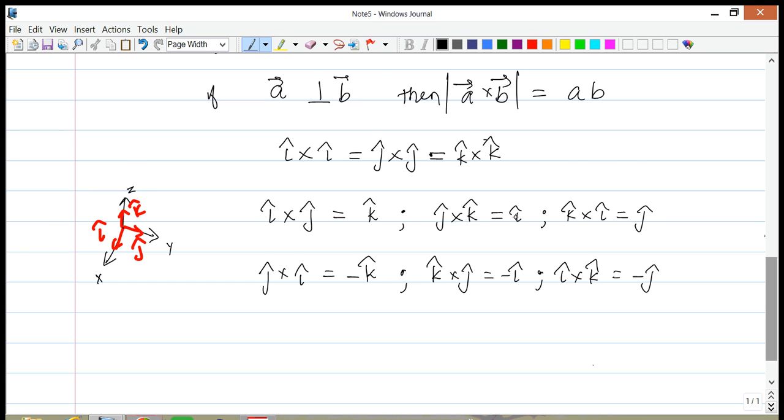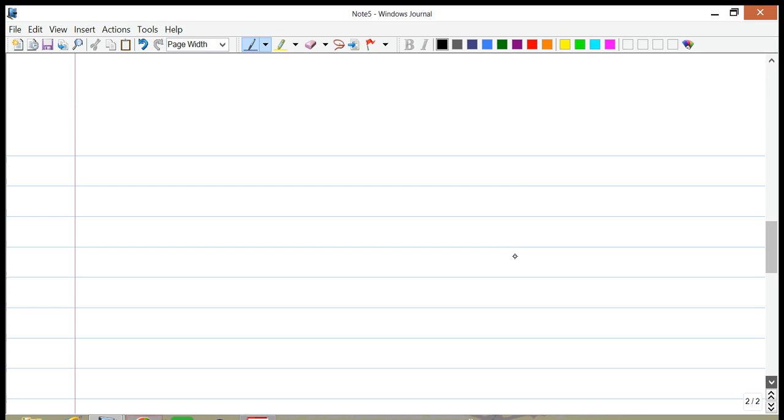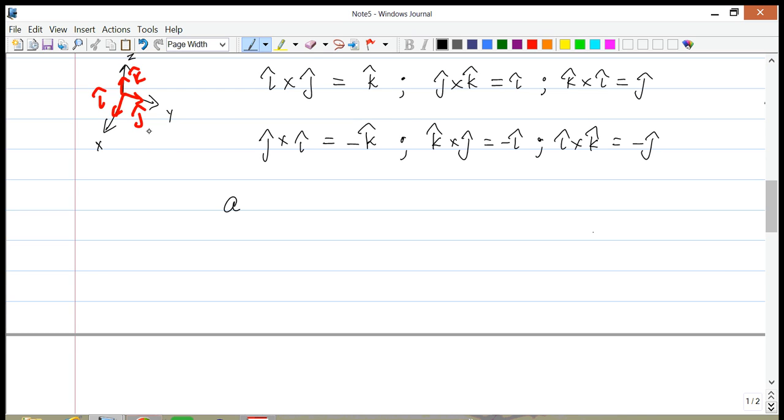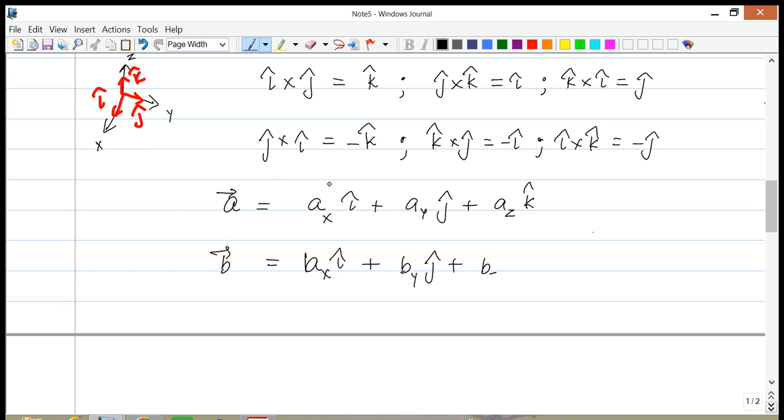Now we're going to use this to find the cross product of two vectors in terms of its components. So let us say that vector A is equal to AX I hat plus AY J hat plus AZ K hat. B is equal to BX I hat plus BY J hat plus BZ K hat.